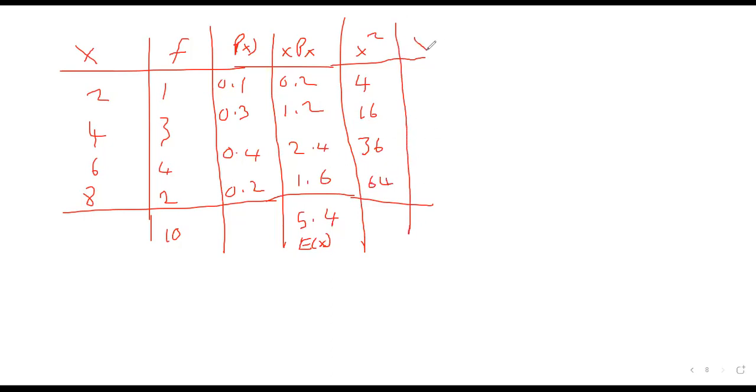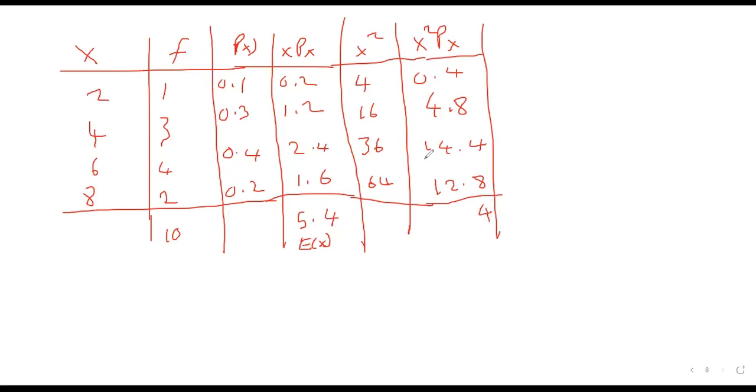Then we multiply each by its probability: 0.4, 4.8, 14.4, and 12.8. Total that, we get 32.4.